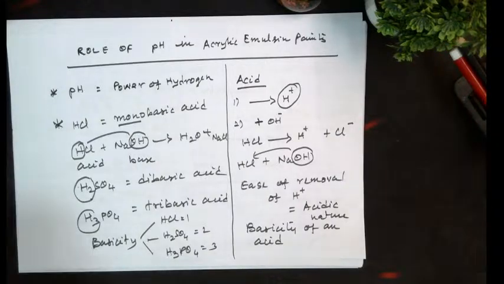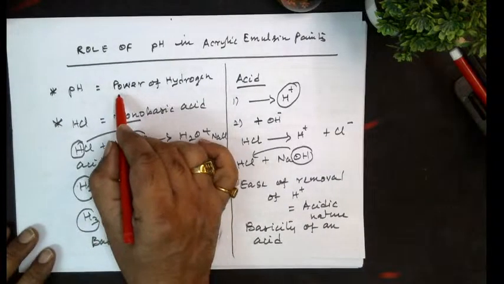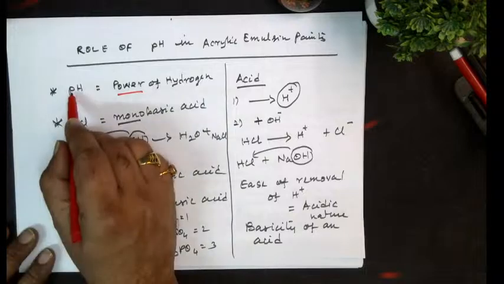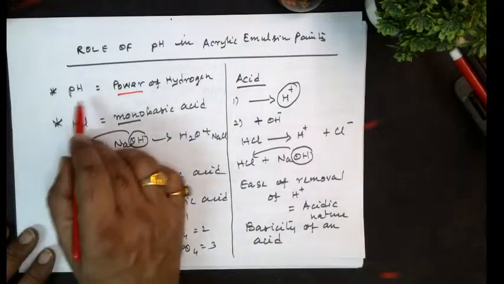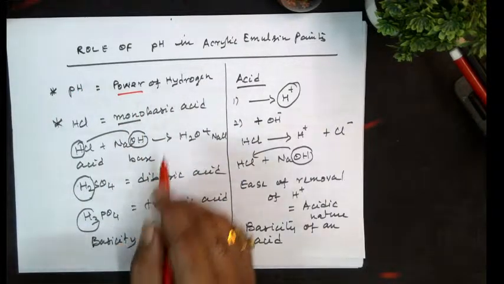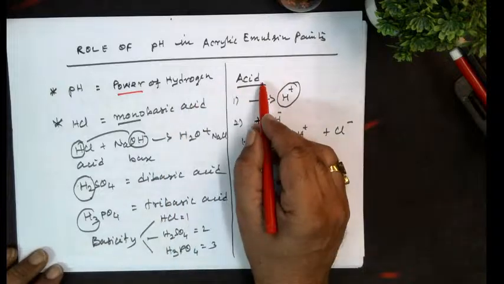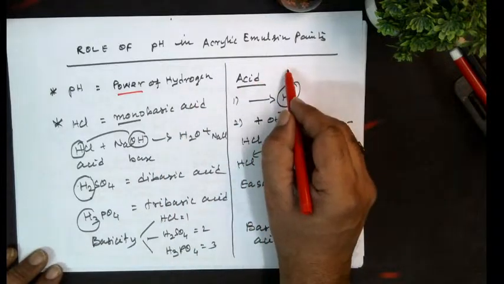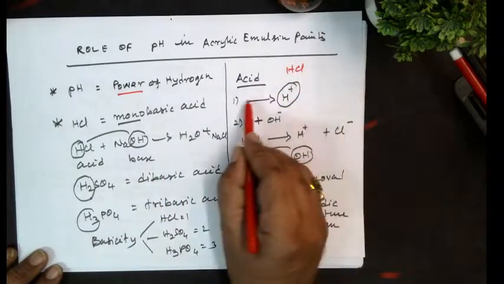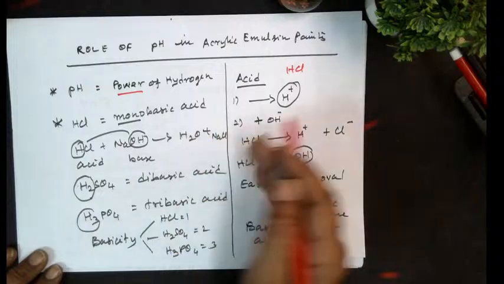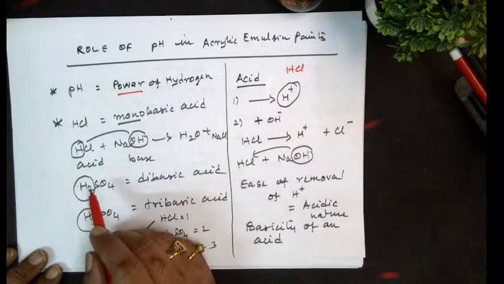pH is defined as the power, the potential of hydrogen. It is the power or potential, and that is why we put P and H, potential of hydrogen. Why do we prefer hydrogen? Because when you consider an acid like HCl, it releases H+ or it accepts OH- ion.